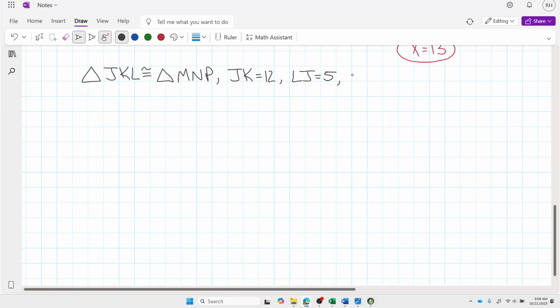PM is 2X minus 3. Angle L is 67. Angle K is Y plus 4. And angle N is equal to 2Y minus 15.